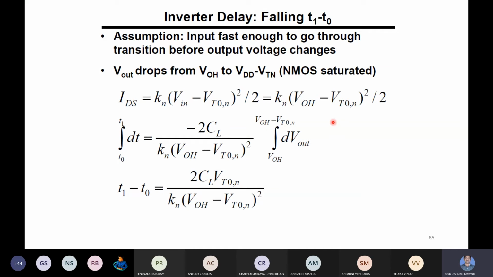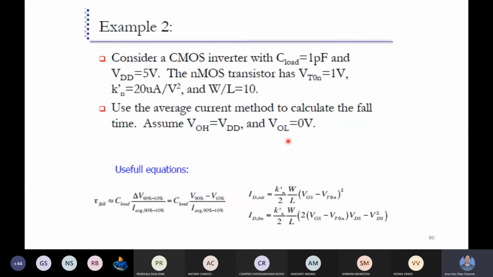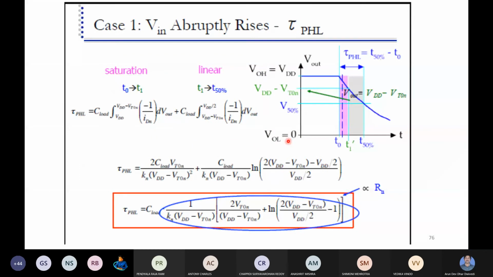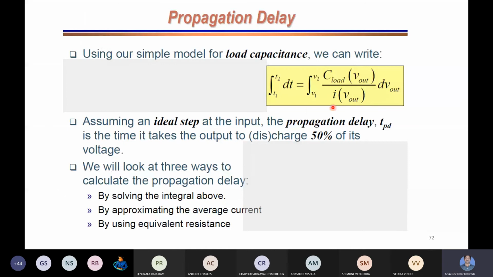Then by putting it all together and using the differential current model, the integral of dt from T0 to T1 basically gives T1 minus T0. This is the first part of the delay. Here C load divided by IC, the capacitor current, which is minus ID, then dV out.